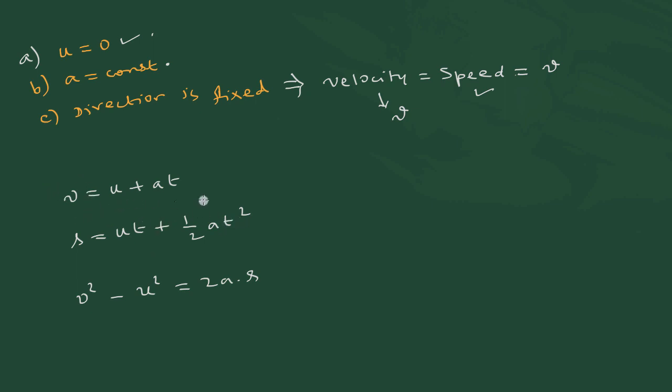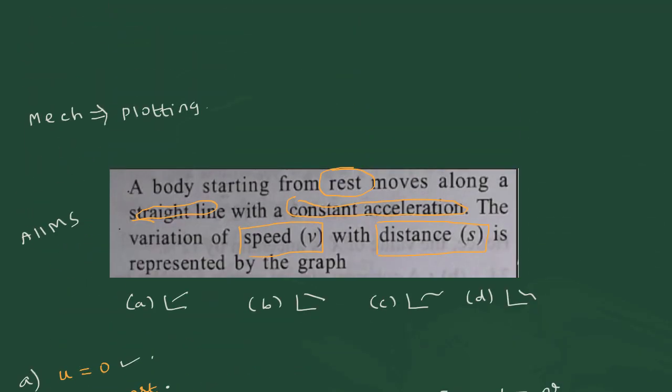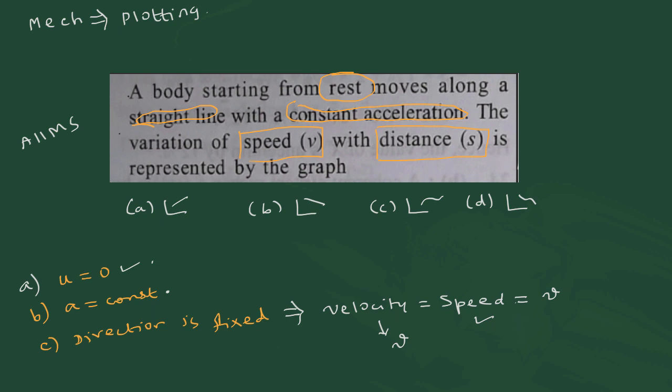These are the possibly 3 equations that are there. Now out of the 3, which is most suitable for a given problem? In the given problem, you carefully see this, our plot has to be between v and s. Therefore velocity should be there as a function of s. We need a velocity graph as a function of distance. That is given in the question.